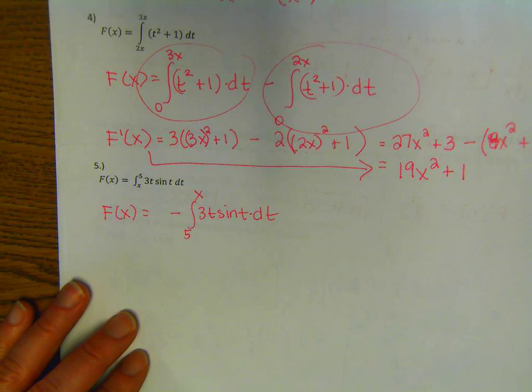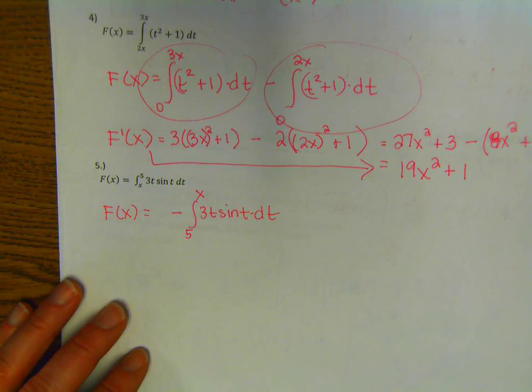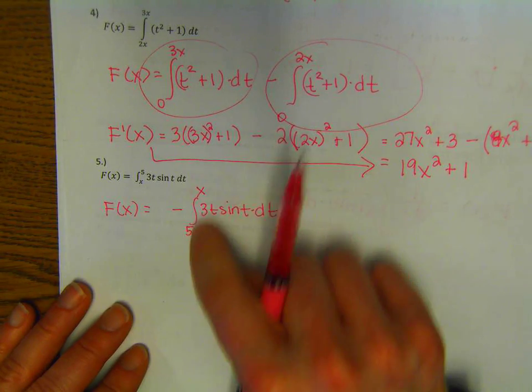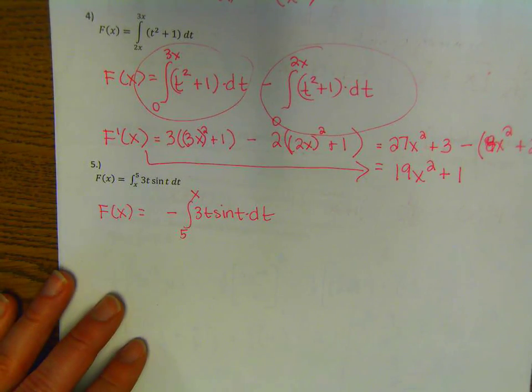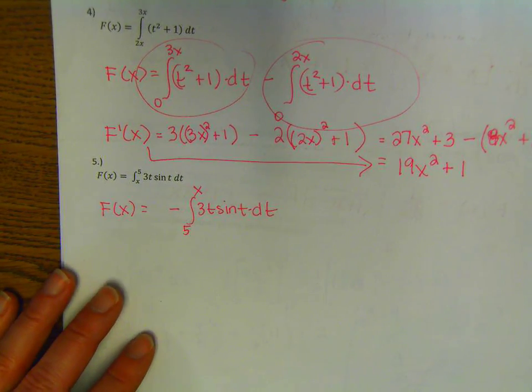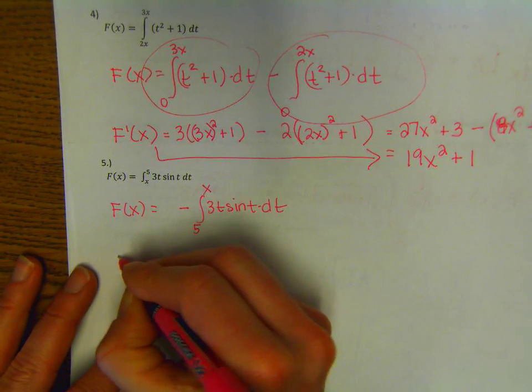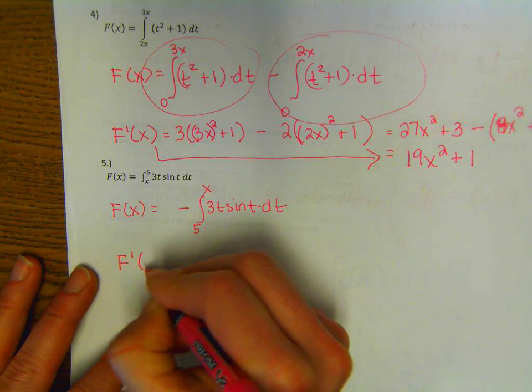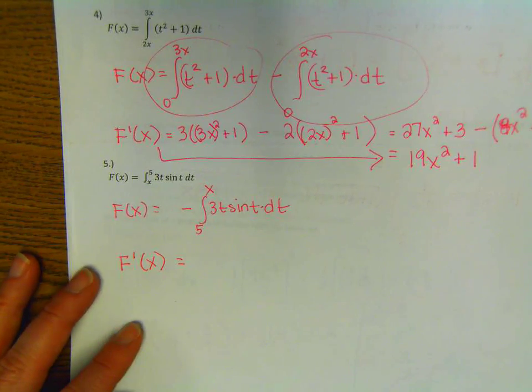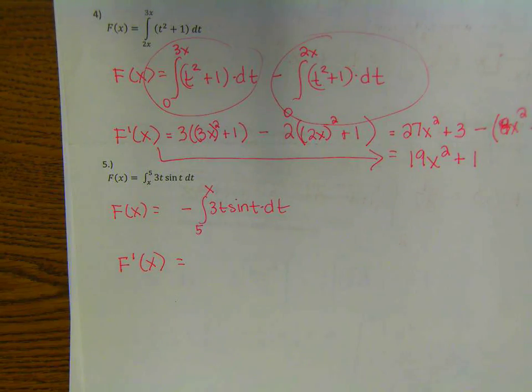This is a rule that we learned about with reversing the endpoints of integration from earlier on. Again, that allows me to use the fundamental theorem of calculus to cancel the integral out.